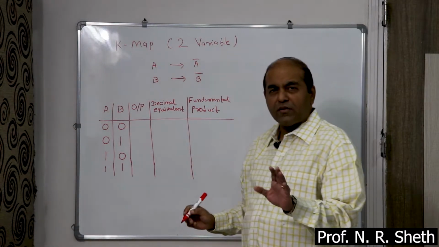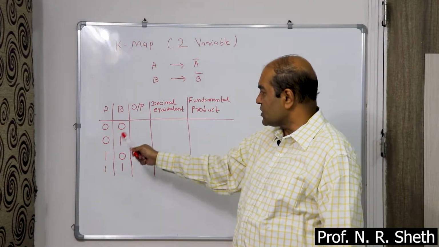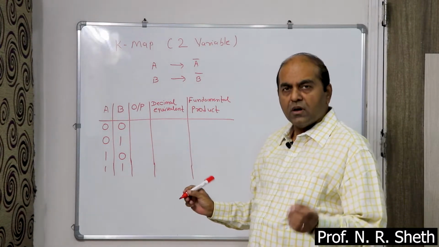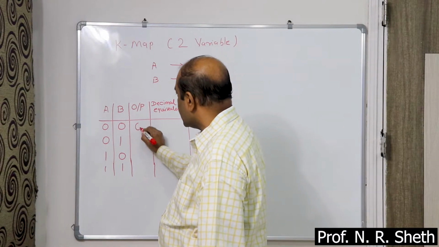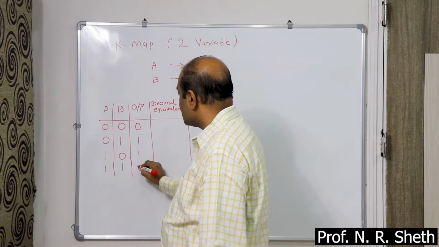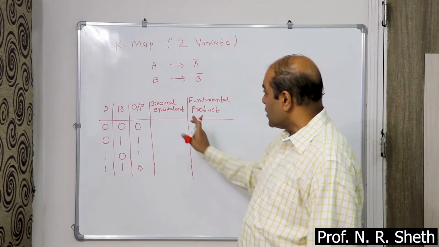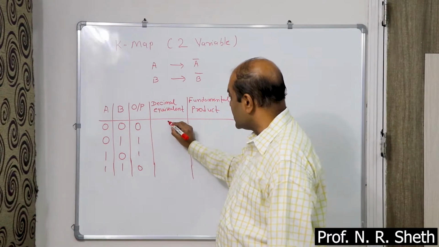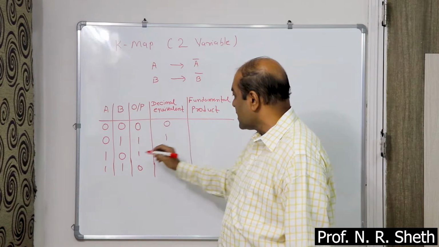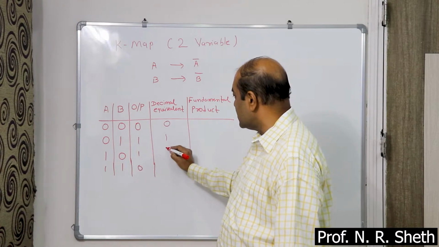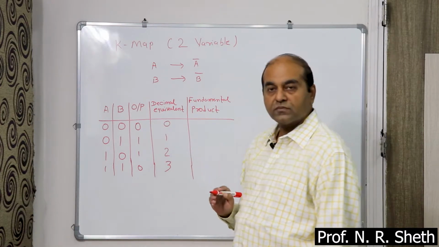So now you are all aware of this. Two variable means we have four cases: 0 0, 0 1, 1 0, 1 1. Suppose for a particular circuit, output is high only for case number 2 and case number 3. Now decimal equivalent: 0 0 means 0, 0 1 is 1, 1 0 is 2, and 1 1 is 3.